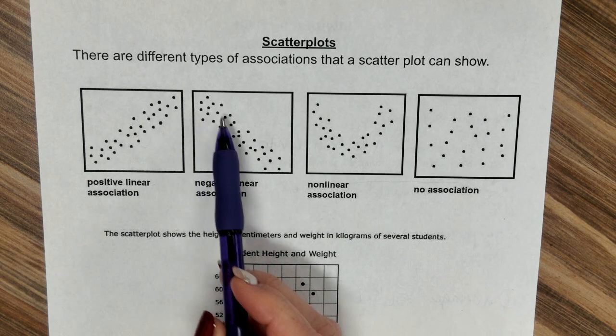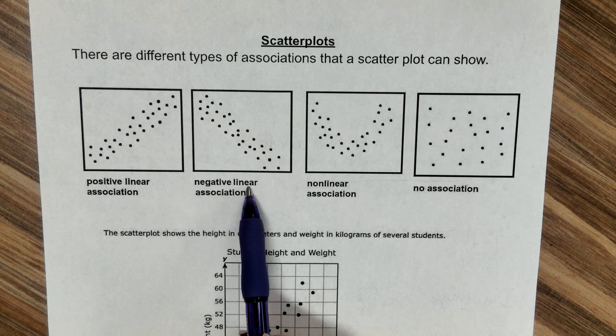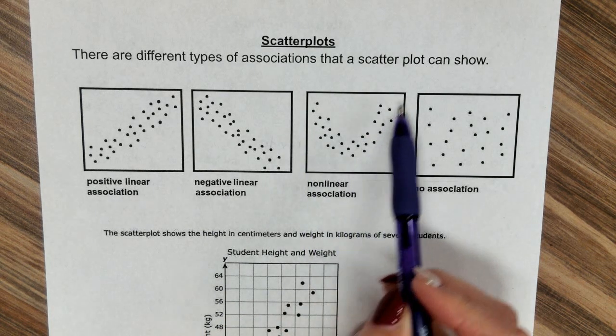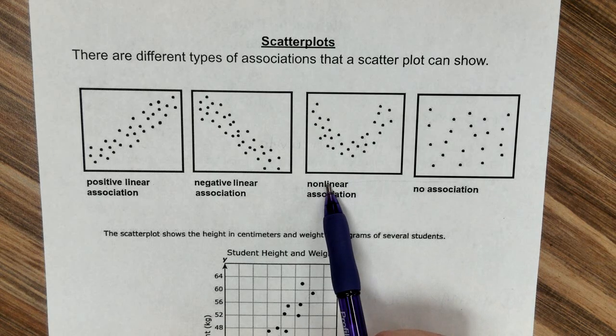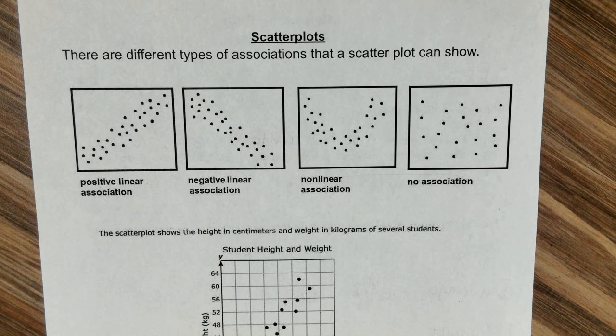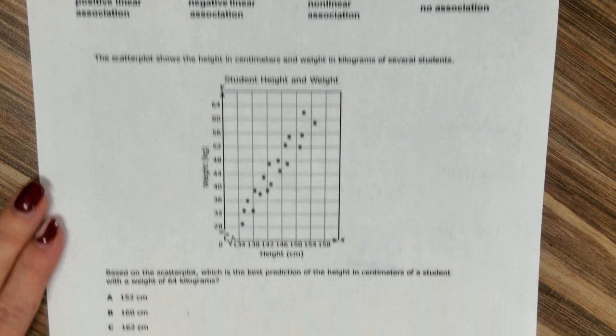If it's going down, we call it negative linear. If it's following a trend but it's a curve, we call it nonlinear, because it's a trend but it's just not linear. And if there's dots all over the place, we call it no association, meaning the 2 pieces of information, they're just not related.